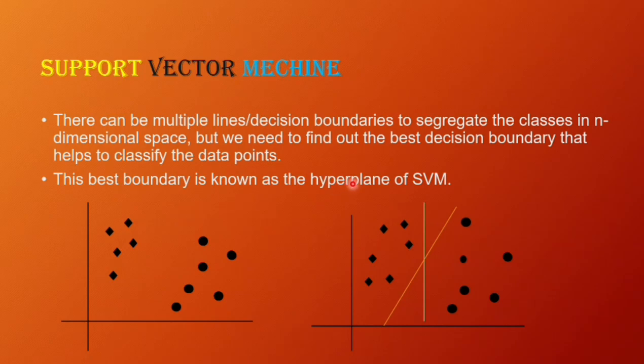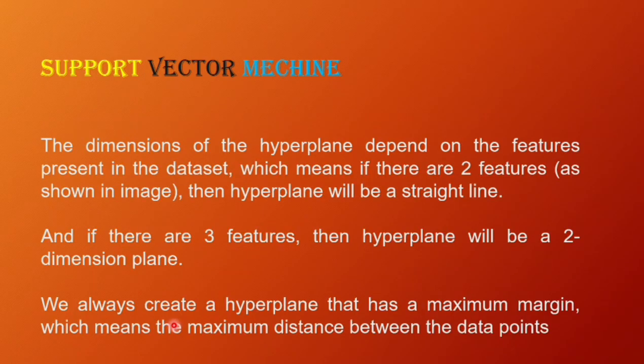That line is called hyperplane. In the second example, I can draw two hyperplanes. Which one? I have to decide which hyperplane is the best hyperplane. So for that, we can go to the next slide.